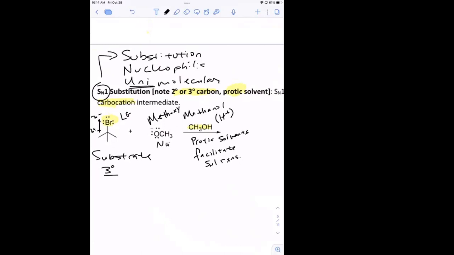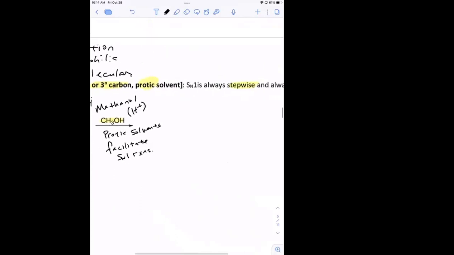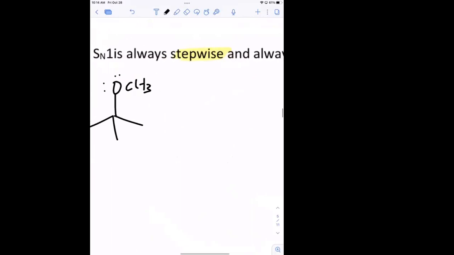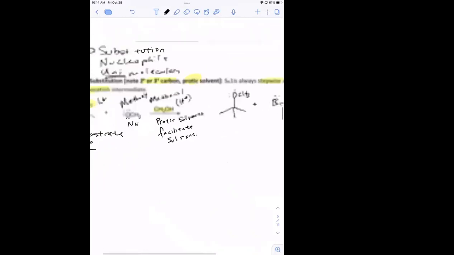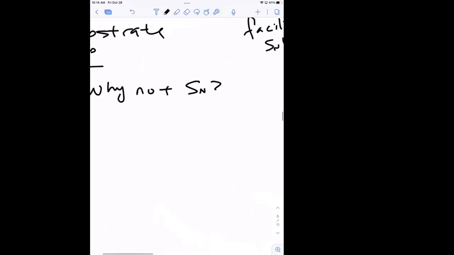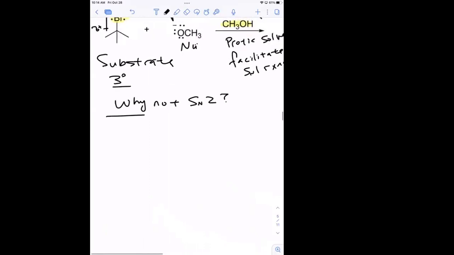That's the overall outcome of a substitution. So the product is going to look like this, plus what? Br minus. Is that right? Here's the difference in SN2 and SN1 right here. Let me show you why this can't be SN2.